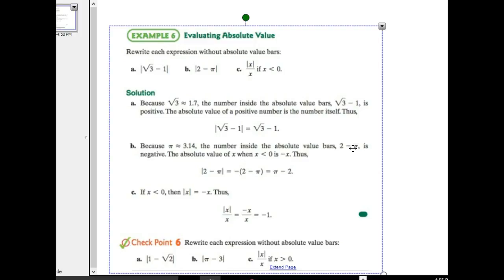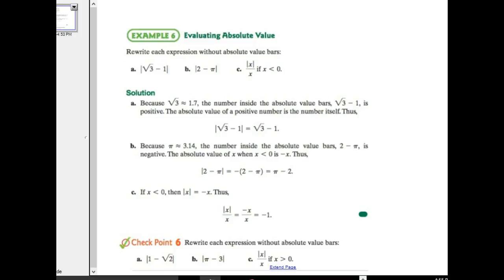Remember, when the answer ends up being less than 0 here, then you take the opposite of that value. So that's why, when they have the absolute value of 2 minus pi, you use this negative right here, and you take the opposite of the 2 minus pi.